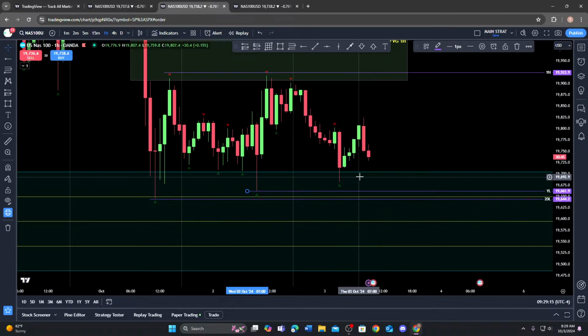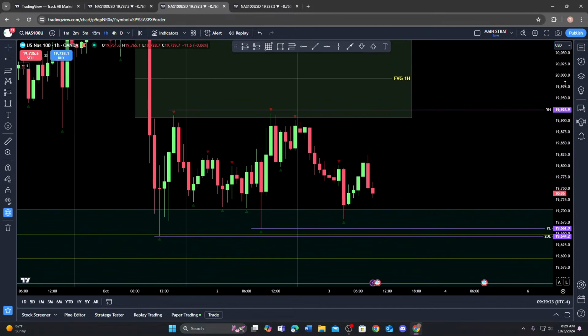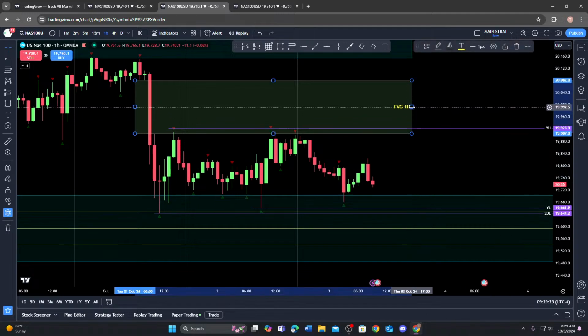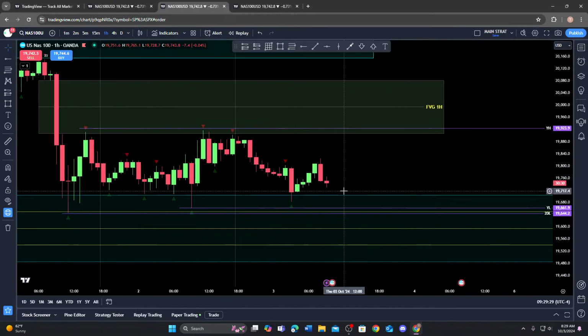So we could probably expect a move off here and possibly go to yesterday's high, reaching for this fair value gap here on the 1 hour.